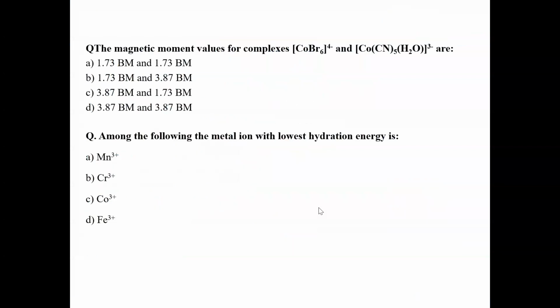These are the first two problems. In the first one, you have to just calculate the magnetic moment for these two complexes, right? In Bohr magneton, you are given four options. You just have to identify the unpaired electrons and put them into the respective formula. Here you have to use the simple formula, that is square root of n into n plus 2, right?